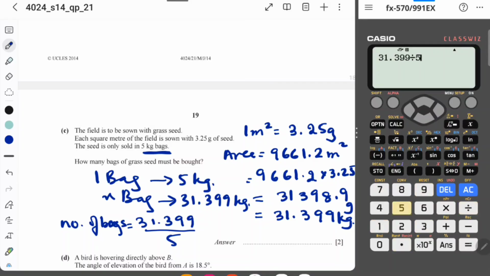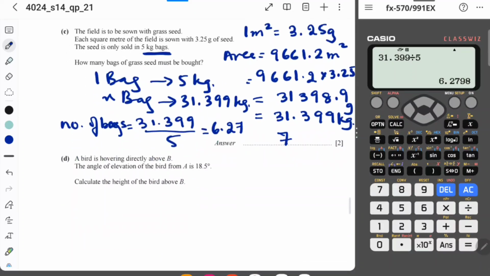So we will get the number of bags, 6.27. It means that more than 6 bags are required for this much kg of seeds. So you will have 7 bags required for 31.399 kgs of seeds. All right.